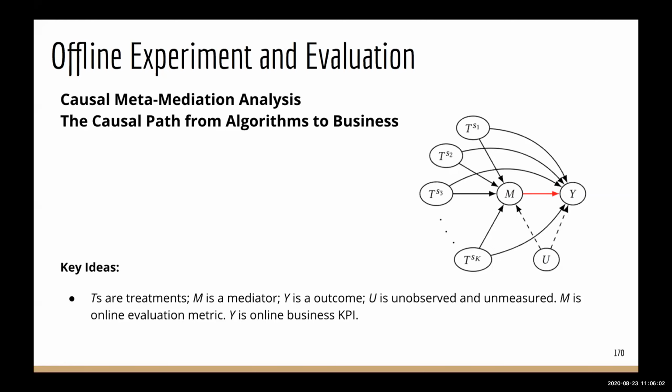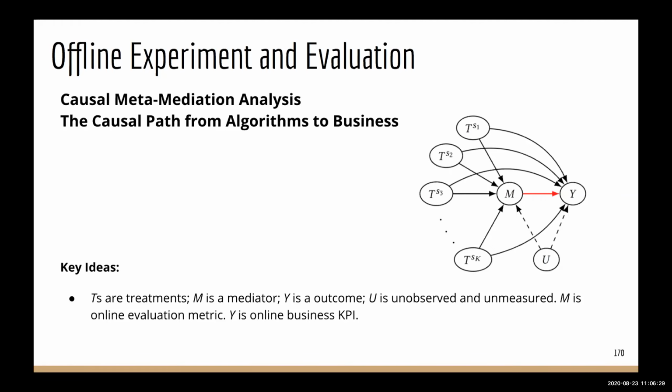Now, what we want to characterize is this red arrow from NDCG or MAP to the revenue in this causal graph. And we also want to take any unobserved, unmeasured mediator into account as well. Okay, so this is the causal graph that we employ.